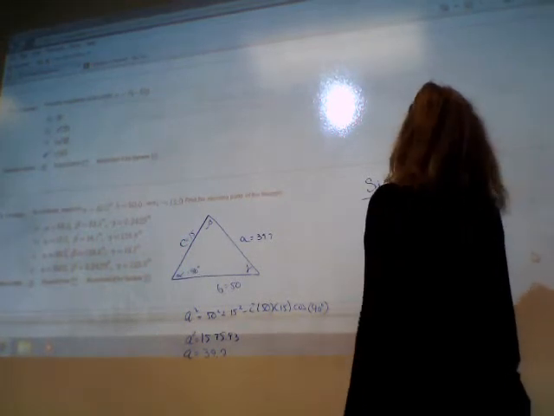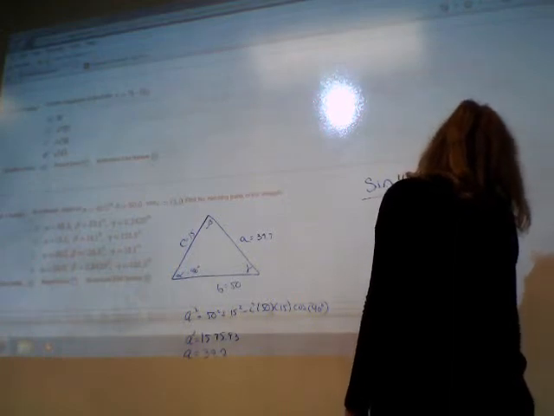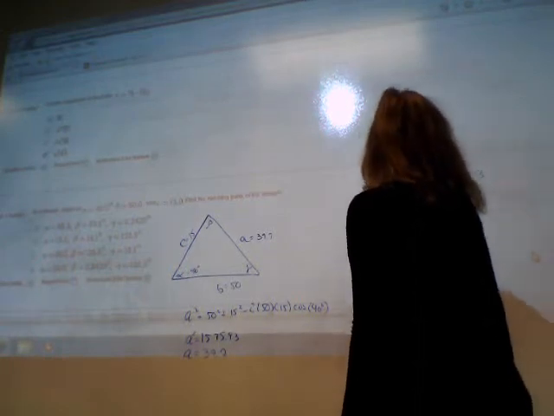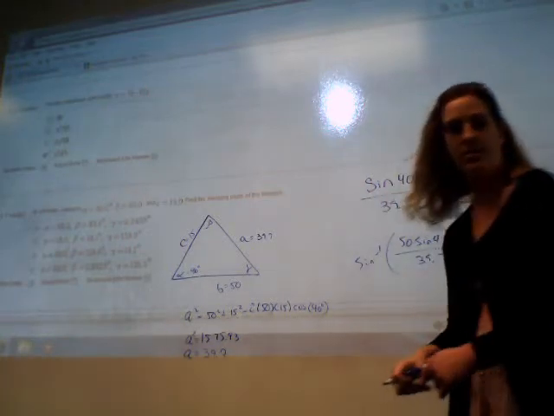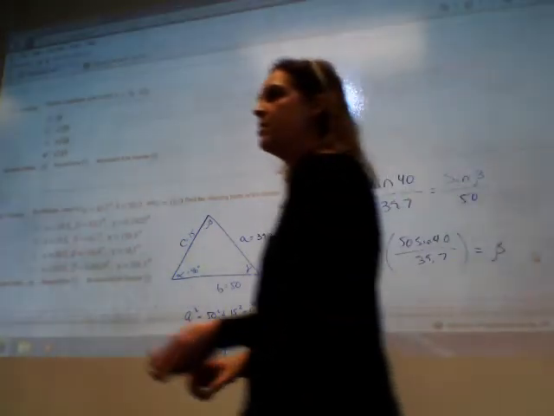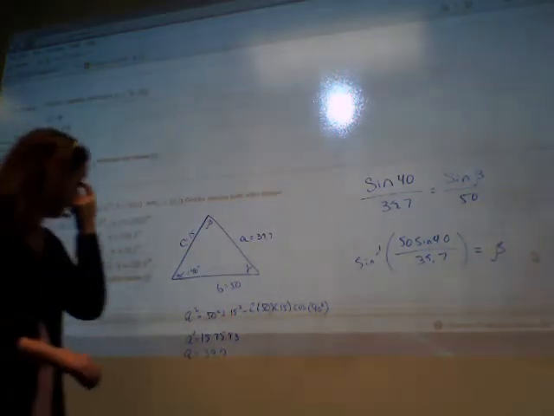So of course we end up with 50 sine of 40 over 39.7, and then we're going to do the inverse sine of that is equal to beta. So what did we get for beta? 54.1.